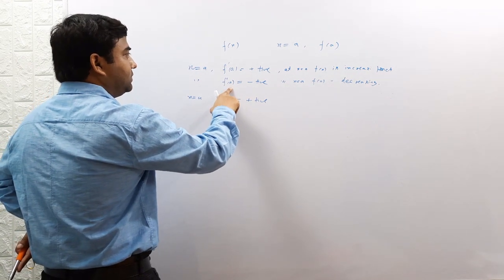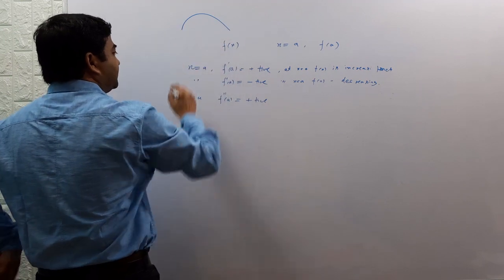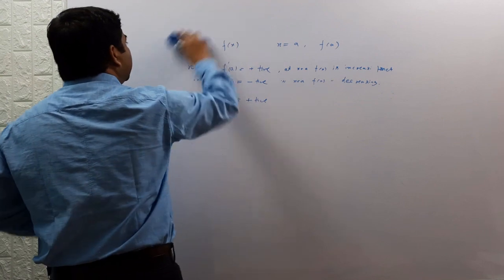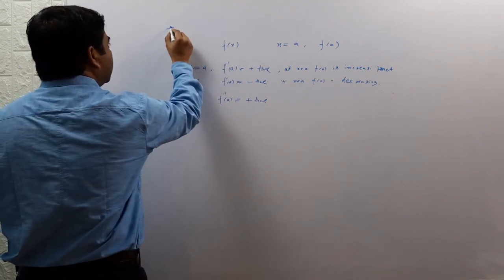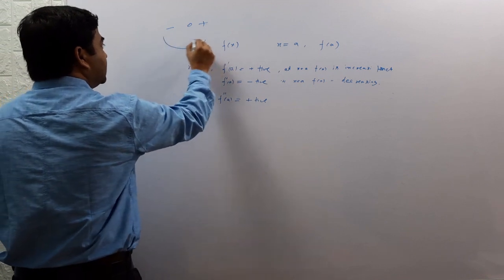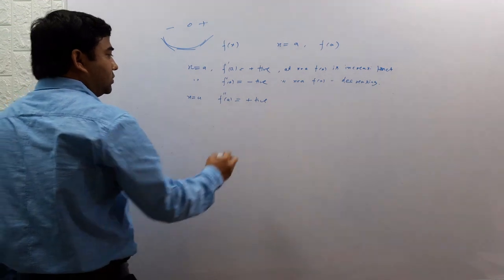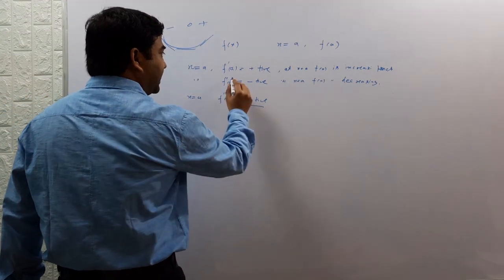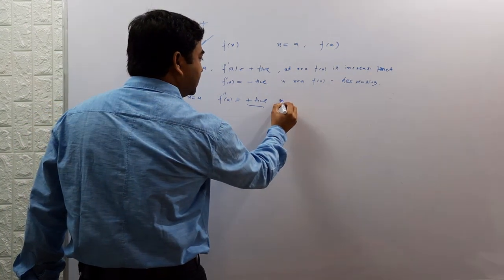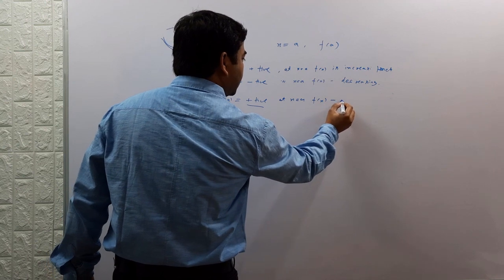So the case was like minus 0 plus: minus tangent, 0 tangent, plus tangent. So it is positive, f dash a is an increasing function, and at x equal to a, f(x) is a minima.